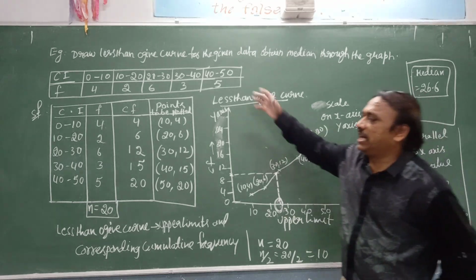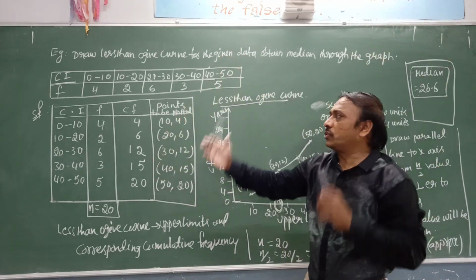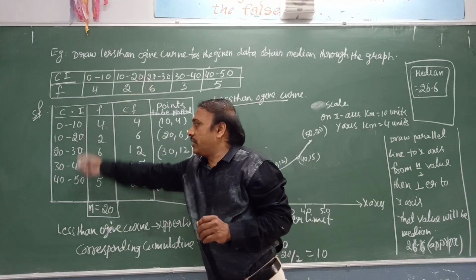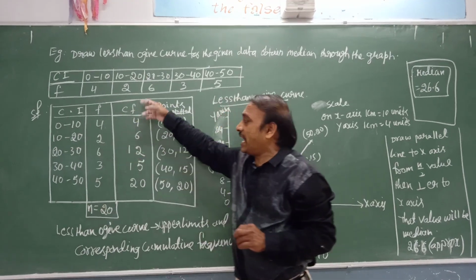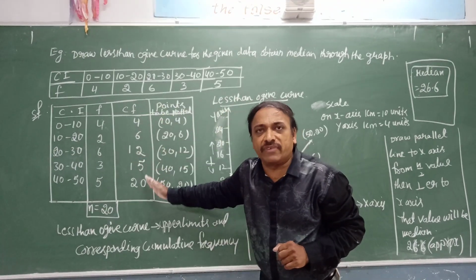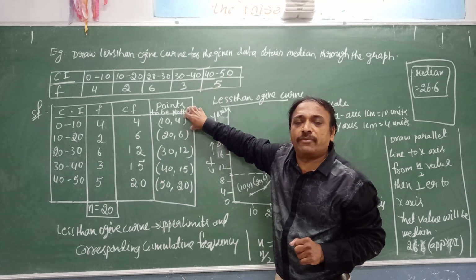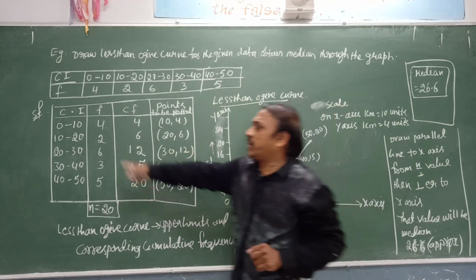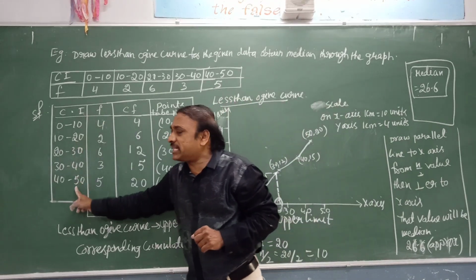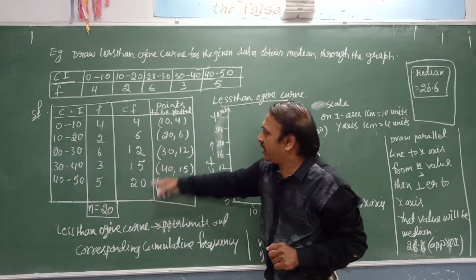So how to draw the less than ogive curve? First you have to draw the given table, class intervals, frequency, calculate the corresponding cumulative frequencies, then the points to be plotted. Which points are we plotting? For the less than ogive curve we consider all upper limits and the corresponding cumulative frequencies.